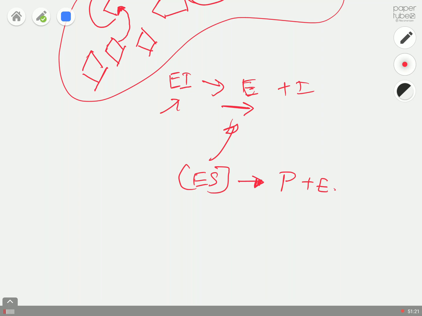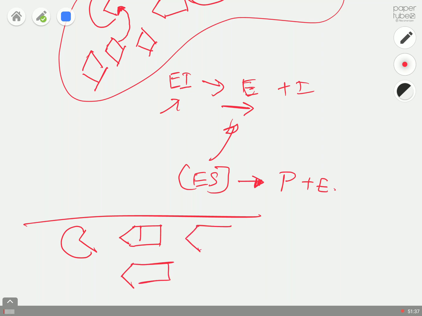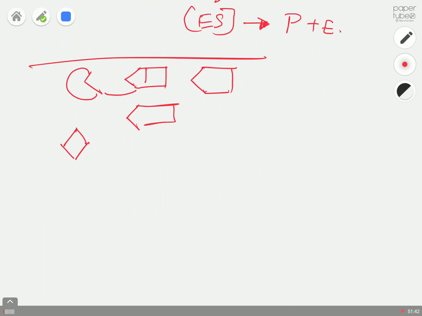But on the other hand, if you have another case, I will draw some picture. You have one enzyme, and this time you have say 3 substrate molecules and only one inhibitor molecule. Then it is more likely that your substrate will attach to this enzyme.